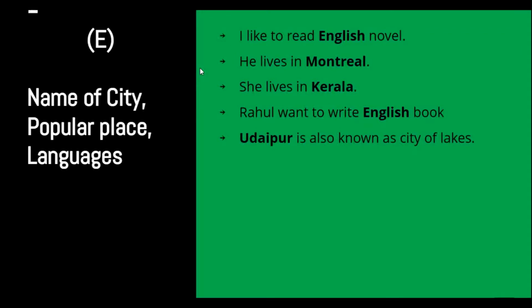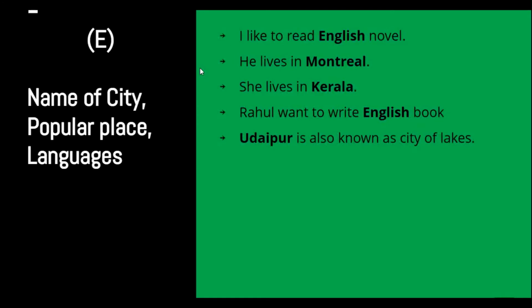The next rule is that the names of cities, popular places and any languages should always be written with capital letters. For example, I like to read English novels. Here English is a language, and whenever we talk or write about a language, please write the language name in capital letters.